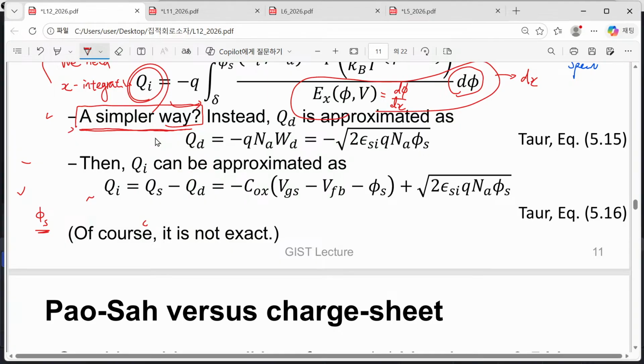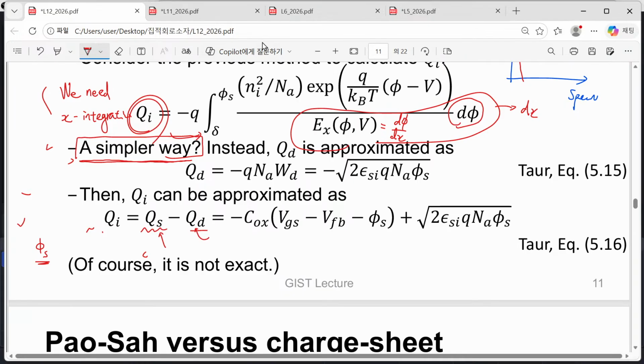Q sub S, this one is really exact. And if we introduce a good enough approximation for Q sub D, then now we can say we have a good enough approximation for Q sub D. That is the point where we sacrifice our accuracy.